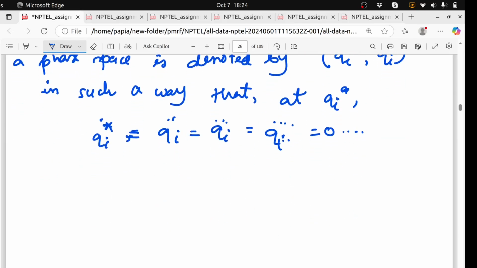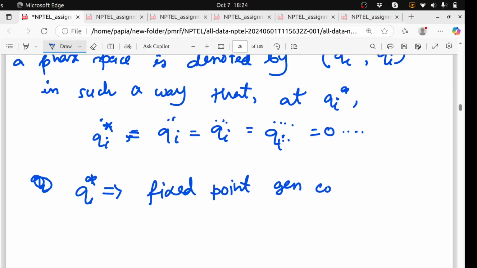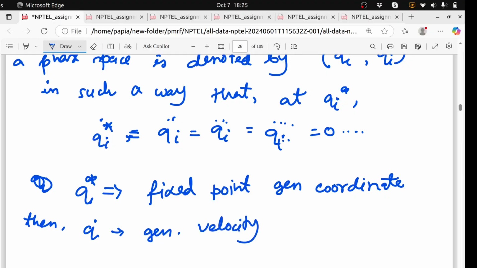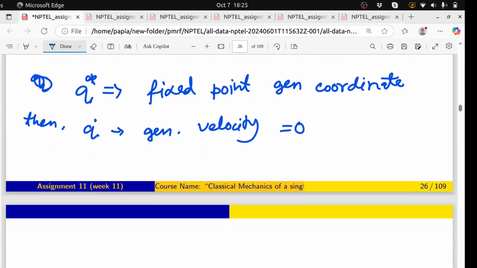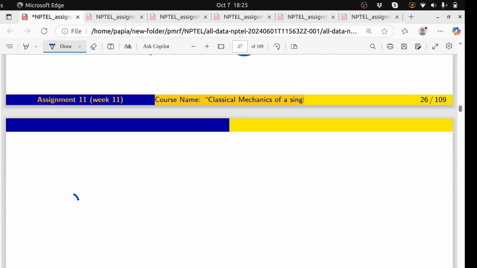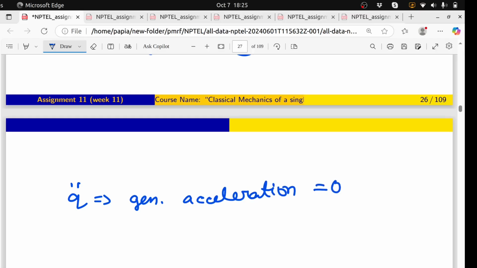So that means if I talk about, let's say, Q star as a fixed point generalized coordinate, then Q dot, which we can say is the generalized velocity, will give me 0 value. And also I should have Q double dot, the generalized acceleration, that will also give me 0.